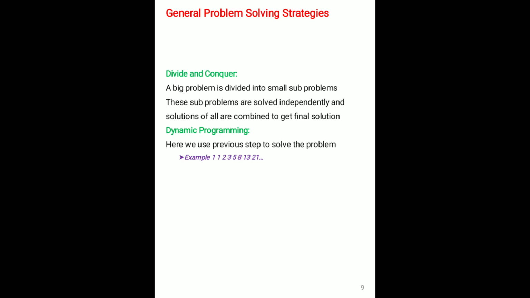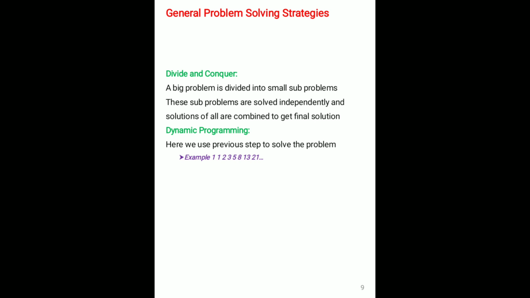And second is dynamic programming. Now in the dynamic programming method, we use the previous step to solve the problem. Now see, the Fibonacci series: 1, then again 1, then 2, 1 plus 1 is 2, 2 plus 1 is 3, 3 plus 2 is 5, 5 plus 3 is 8, 8 plus 5 is 13, 13 plus 8 is 21, and many more.